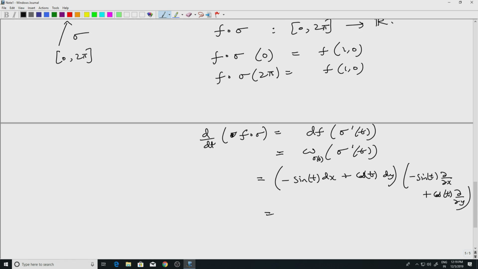Now I'll get 4 terms, but the point is these are dual one forms. So dx acting on del by del y will be 0, etc. So I'll just end up getting this, and this will combine to give me sine squared, and this will combine to give me cos squared.